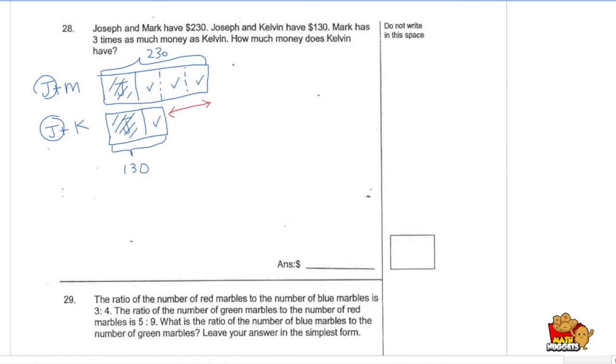This is our clue. 2 units, the difference between Mark and Kelvin. So 2 units will be 230 minus 130, which is 100. So then 1 unit would be 100 divided by 2, which is 50. So how much money does Kelvin have? Kelvin has 1 unit. So the answer is 50.